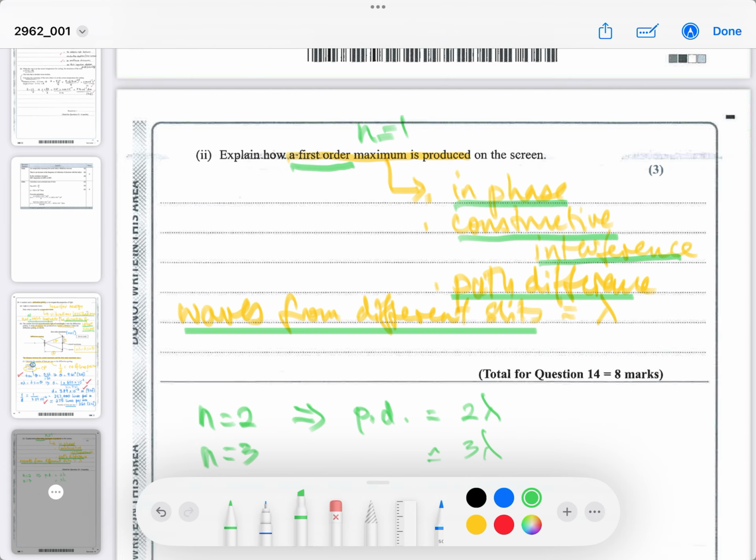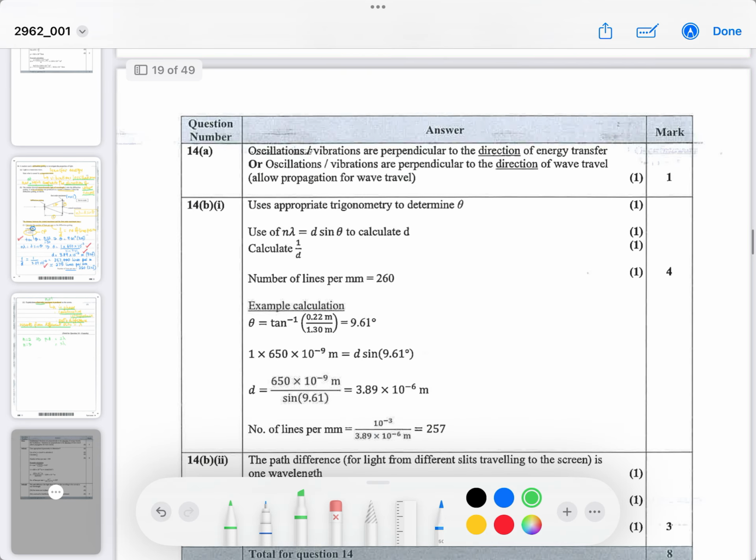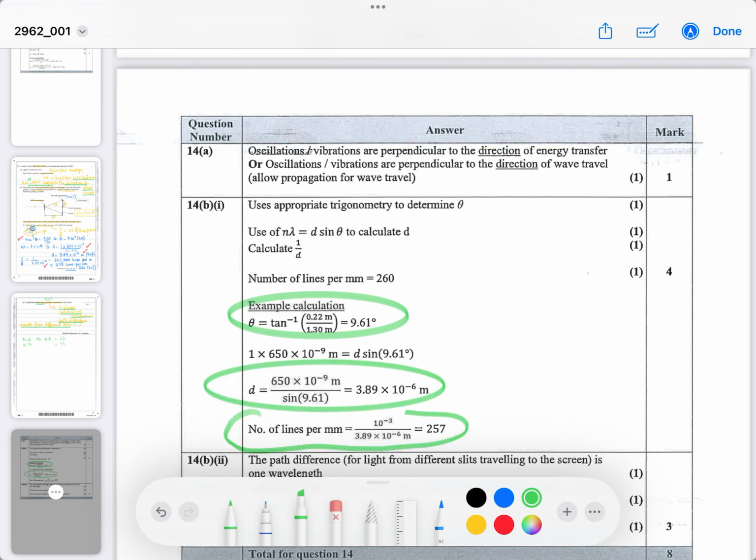All right, so this is question 14. And now we can have a look at the mark scheme, parts A and B: how you do the tan theta, then working out d, and then inversing it to get them per millimeter. They're just checking that you don't get confused with the units.